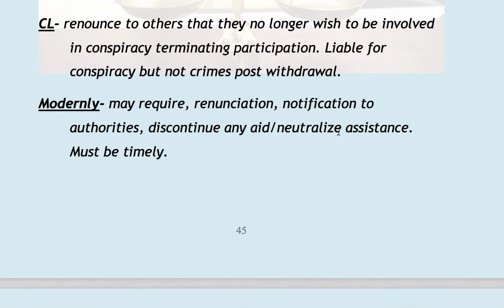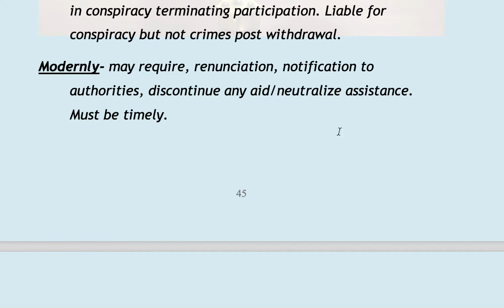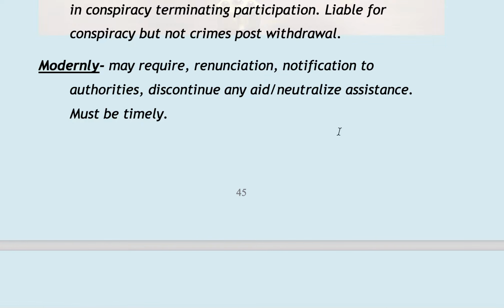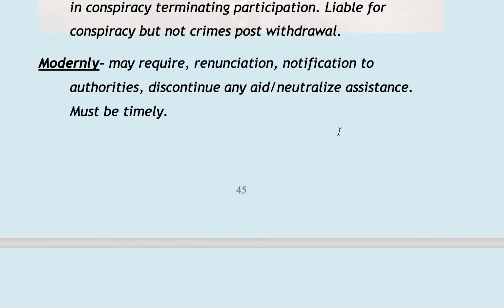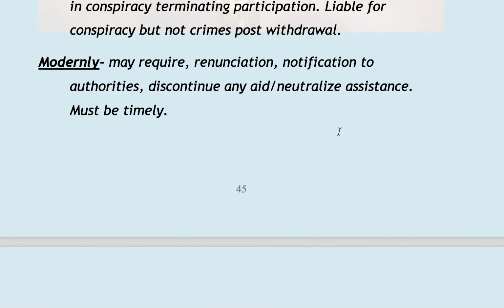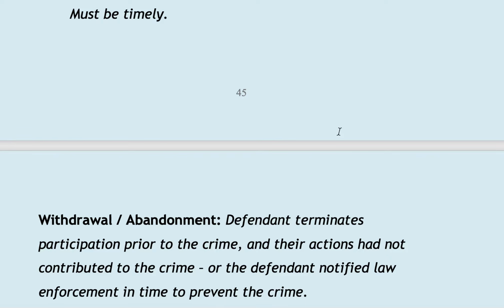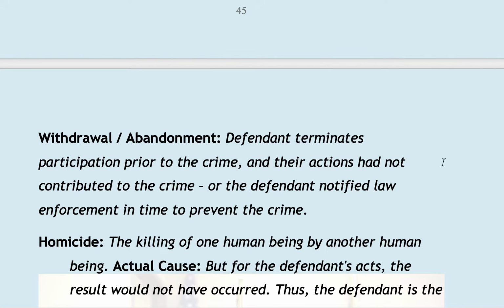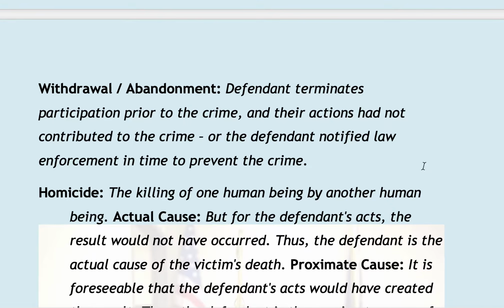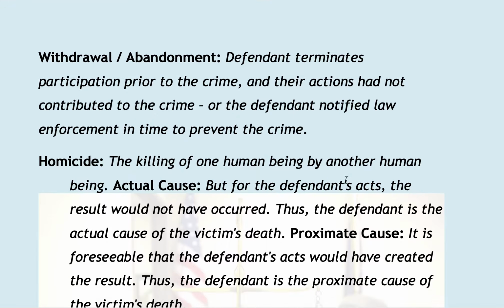Okay, modernly may require renunciation, notification to authorities, discontinuing any aid, neutralizing assistance, and it must be timely. Withdrawal or abandonment: the defendant terminates participation prior to the crime and their actions had not contributed to the crime, or the defendant notified law enforcement in time to prevent the crime.